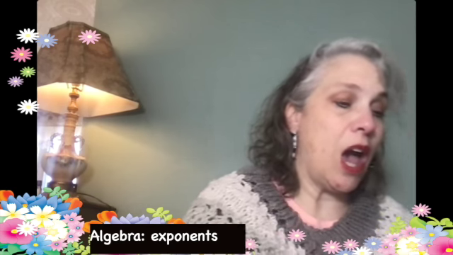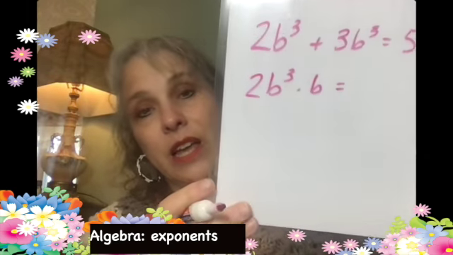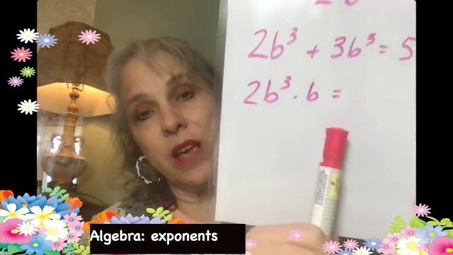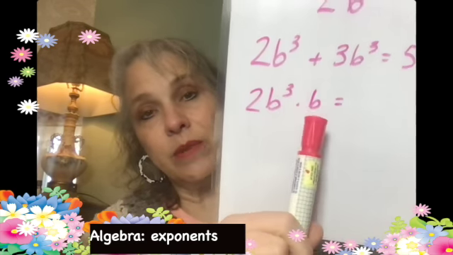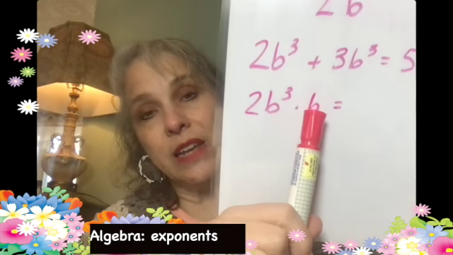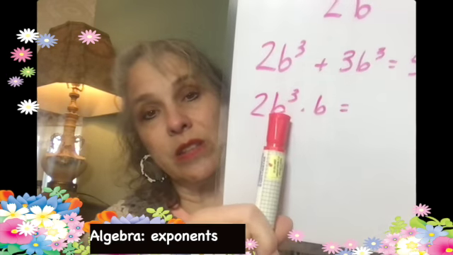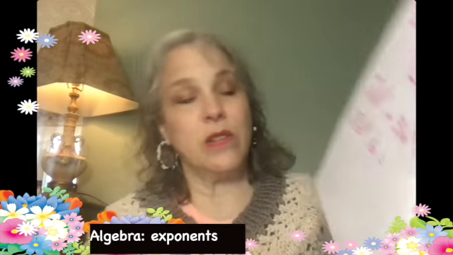But if I'm multiplying 2b cubed times b, I can actually combine those because I'm multiplying. So I have 2b cubed times b. So I would add one more to this 3, so I get 2b to the 4th. So 2b to the 4th power.